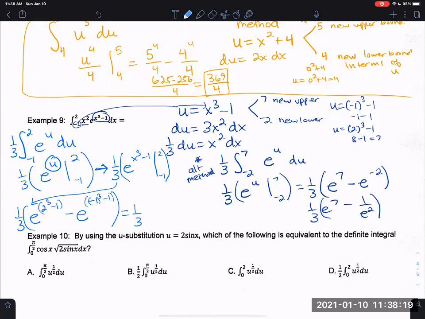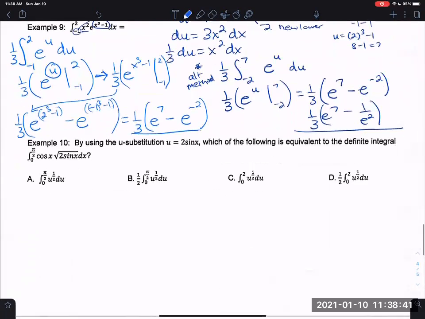So 1/3, that's 8 minus 1, so that's 8 e to the 7th minus, and then -1 minus 1 is e to the -2. Do you end up in the same place? You absolutely do. It is, for some of these problems, a matter of preference.